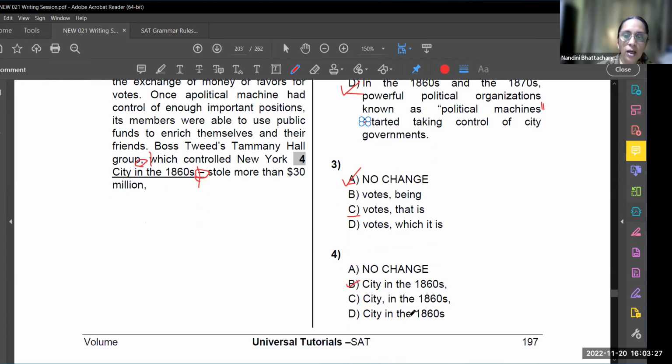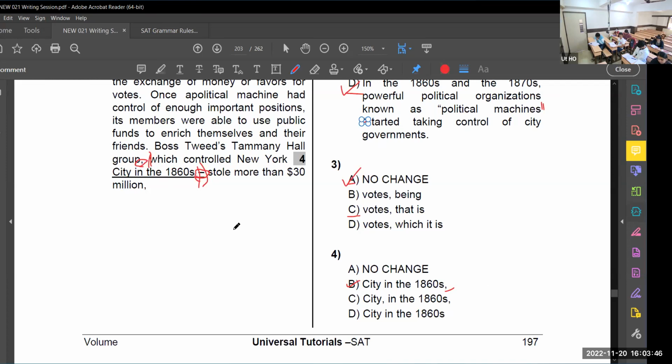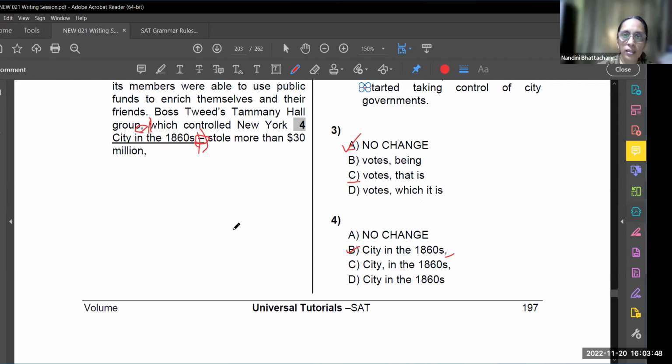And since we don't have the option of both dashes, we will go with comma, right? So this particular portion is set off by a dash and a comma pairing, which is incorrect, right? So always read the content of the sentence whenever you have a dash and see what is the dash doing.